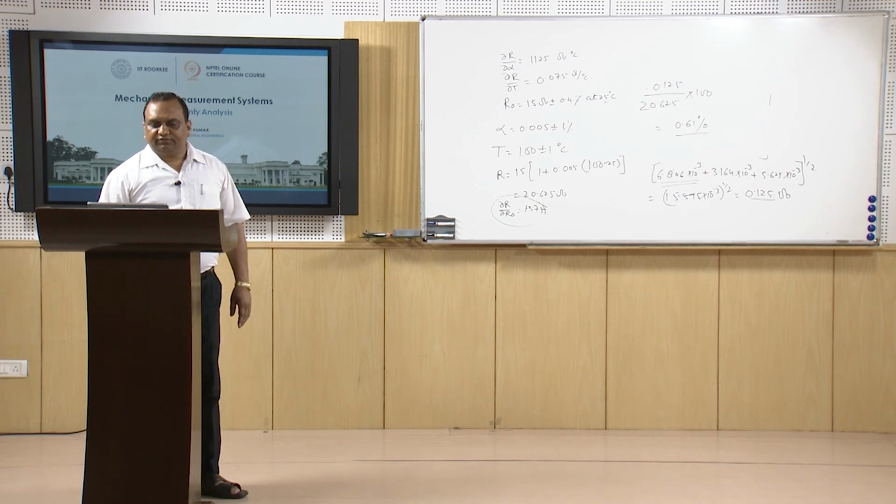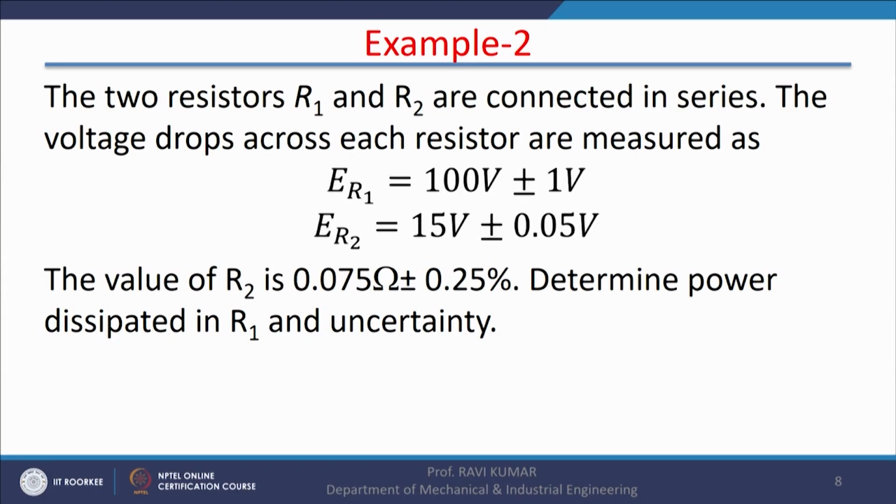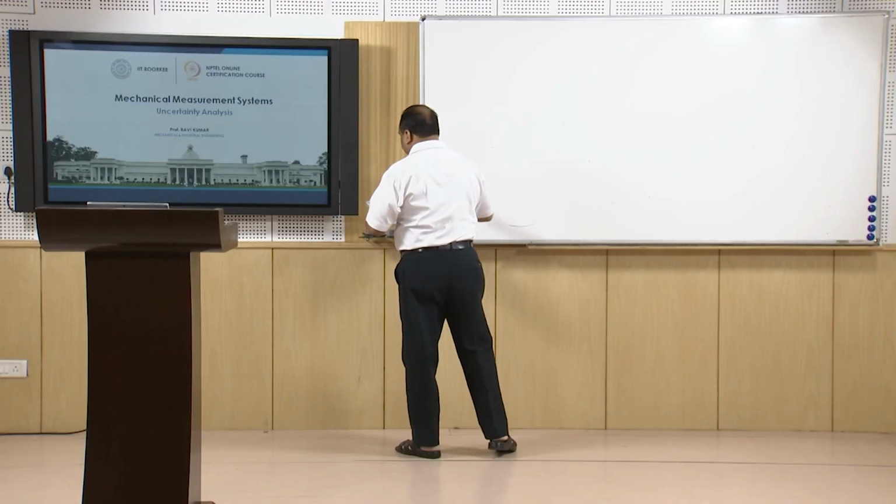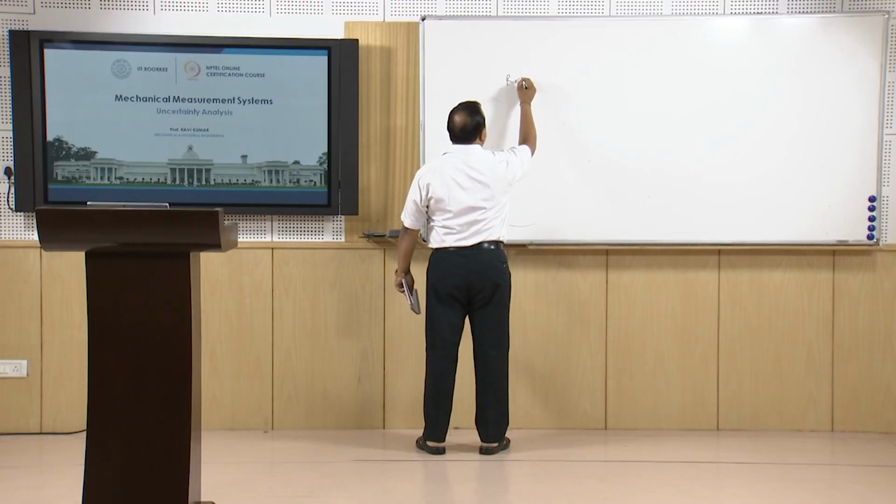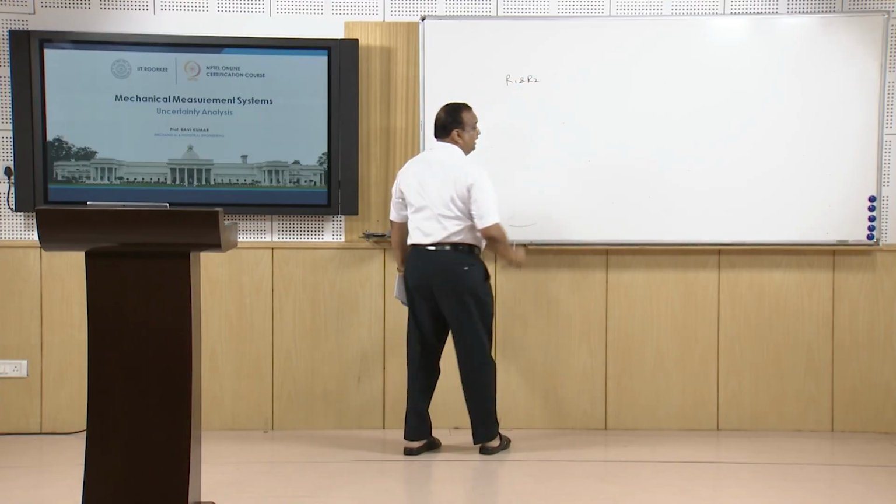Another example is if two resistors R1 and R2, they are connected in series. So, I will rub this off. There are two resistors R1 and R2. They are connected in series.